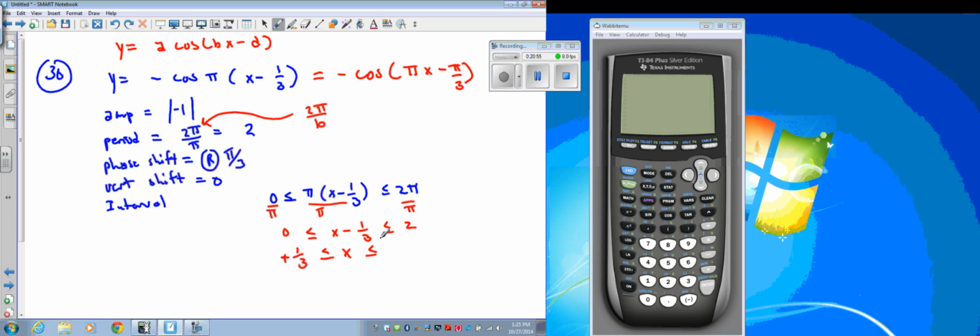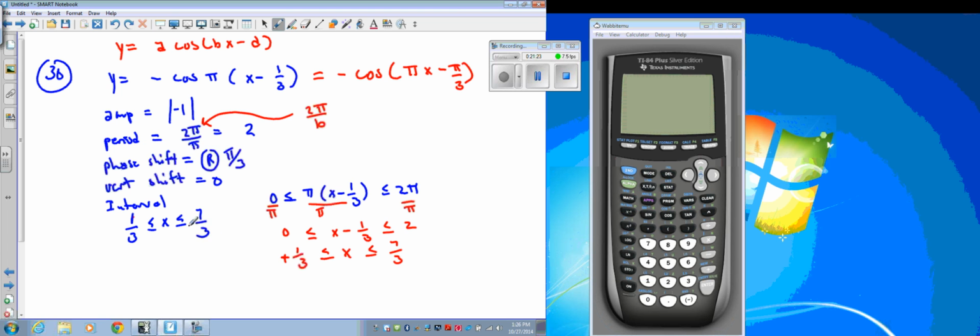So this has got to be 6/3 plus 1/3 is 7/3. So it's 1/3 less than or equal to x.